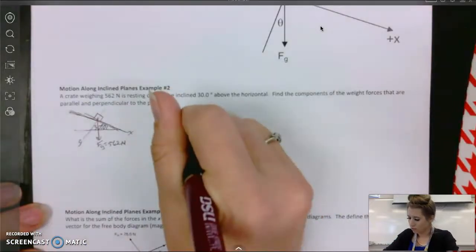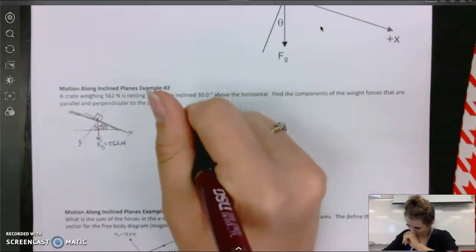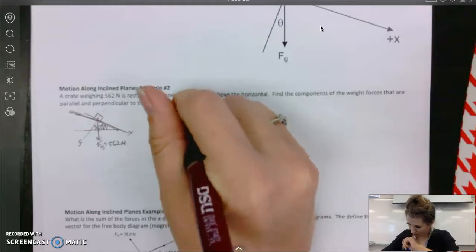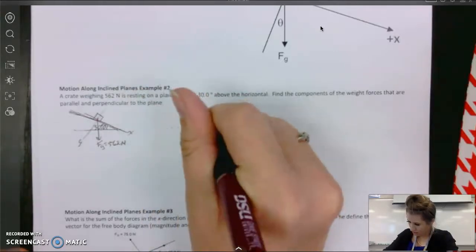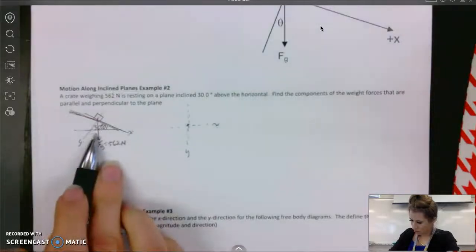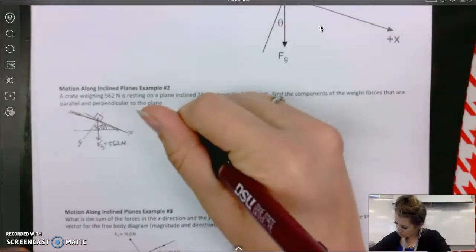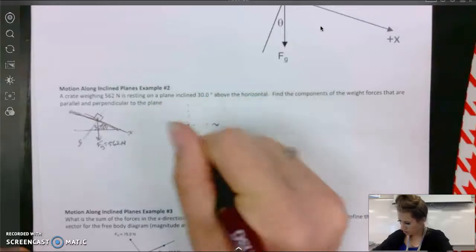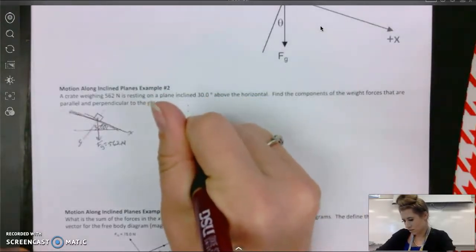So if I'm looking at this force due to gravity, and here's my y, and then here's the x, well, we're on this side of that y there, so our force due to gravity is here. This is 30 degrees.